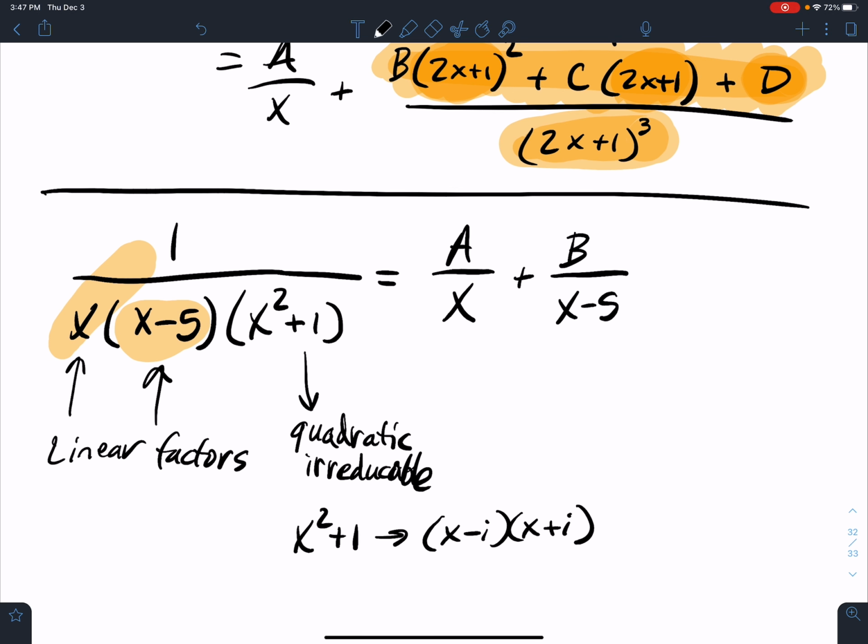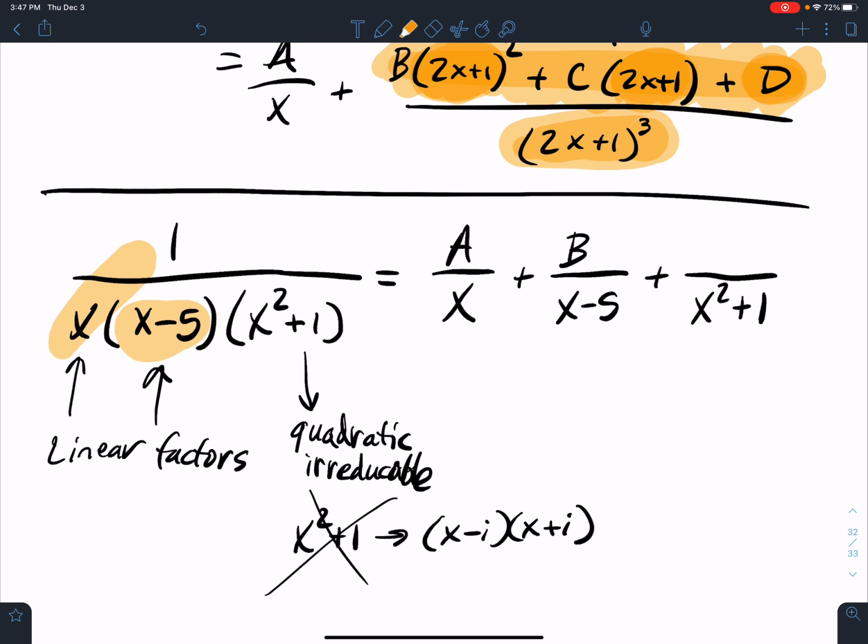And i is complex. It's not a real number. So we're not dealing with complex calculus. Therefore, we're stuck with saying that this is not factorable. Okay? So since this is not factorable, we can't factor this into a linear term. We have to come up with another way.